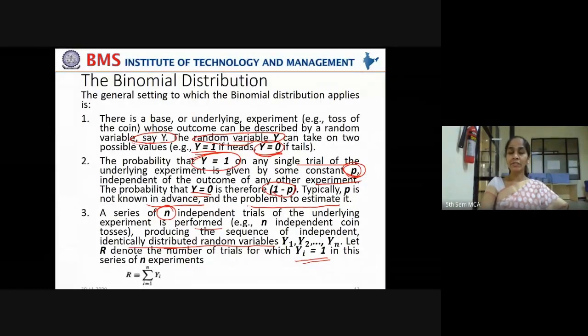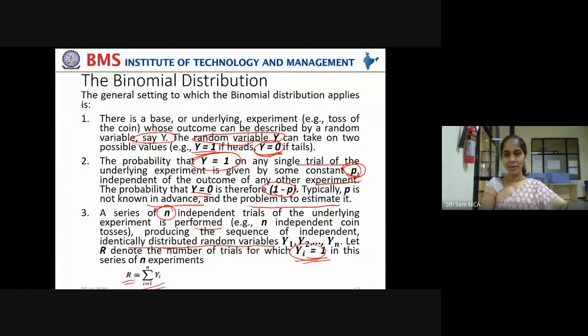Now we are interested in only heads. So let R denote the number of trials, number of coin tosses for which you get heads in this series of n experiments, n coin tosses. Then how do you calculate R? It is nothing but the sum of all the outcomes where it is head. It is actually simple.